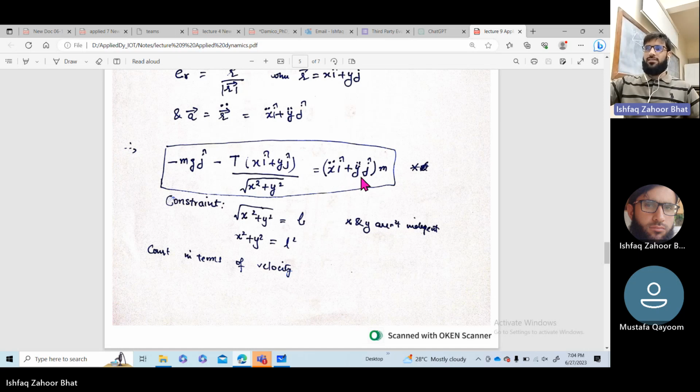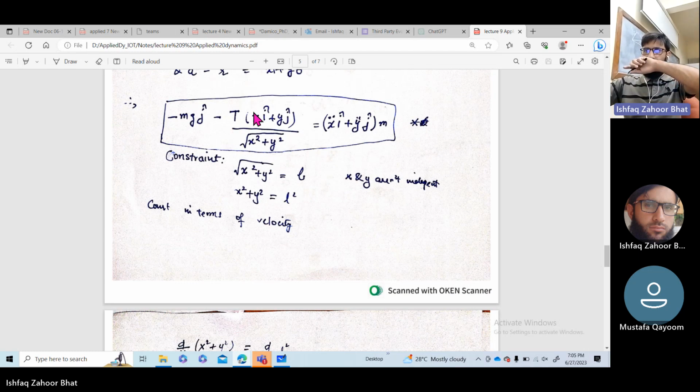So x double dot is unknown, y double dot is unknown, and this tension is unknown. So we have three unknowns. How many equations are there? Only one. But let me tell you that this is not only one. This is one vector equation, and this vector equation contains two scalar equations.